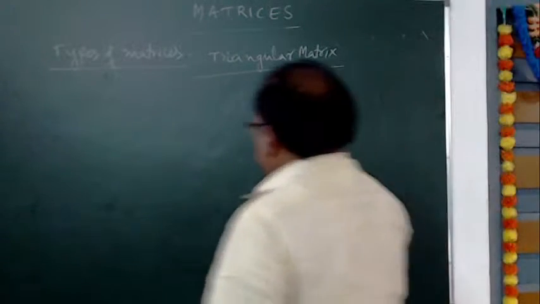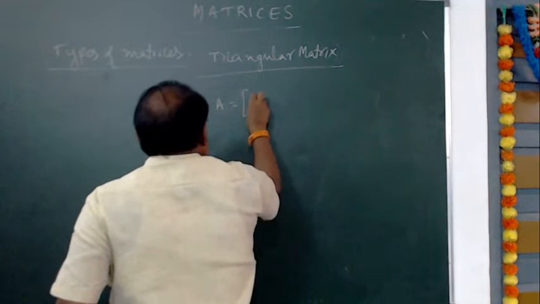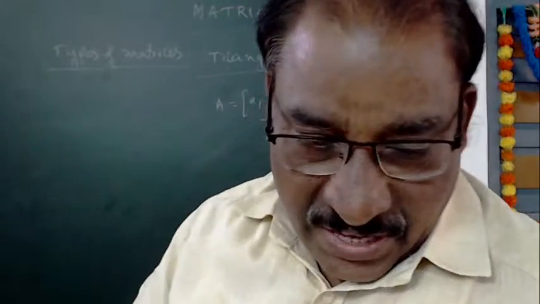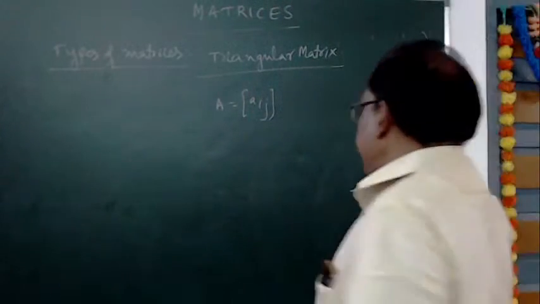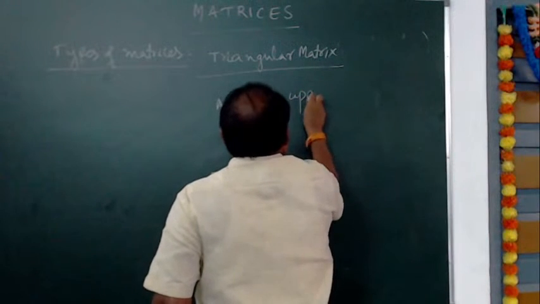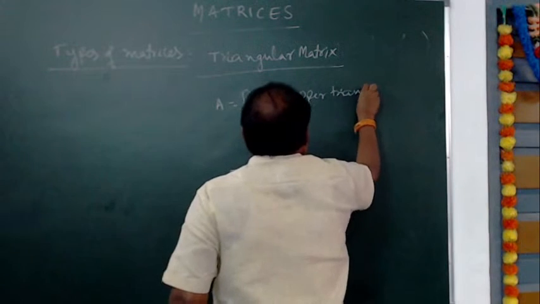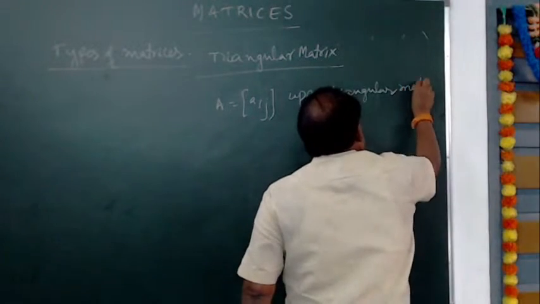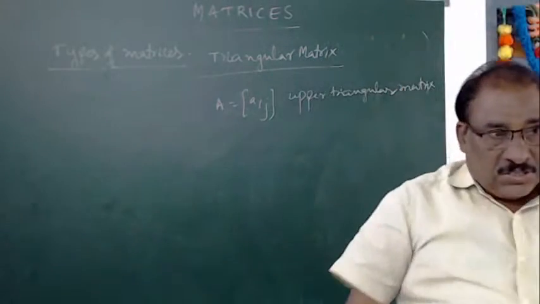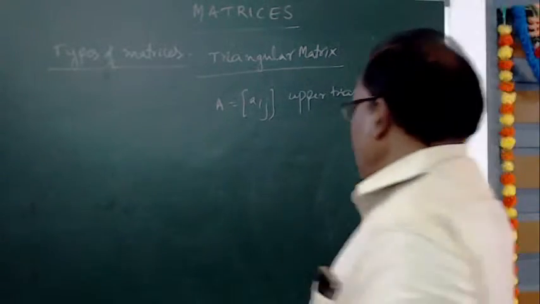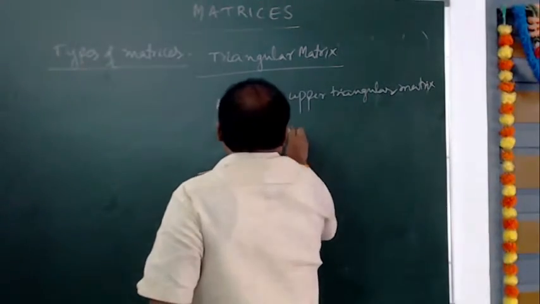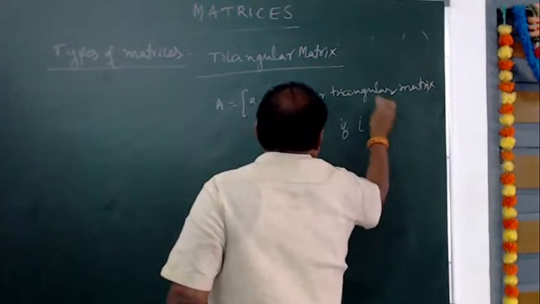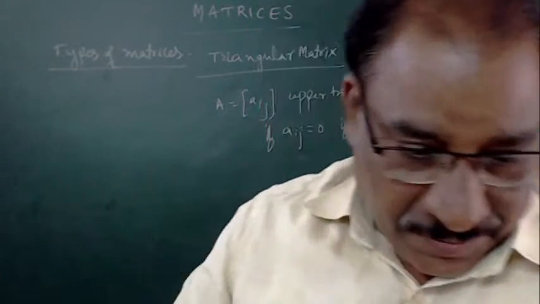In a square matrix A, with elements Aij, it is called an upper triangular matrix if Aij is equal to 0 if I greater than J.